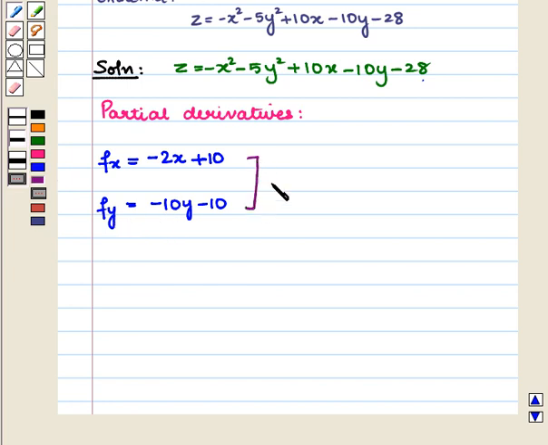So they exist for all x, y. This implies that critical points exist.